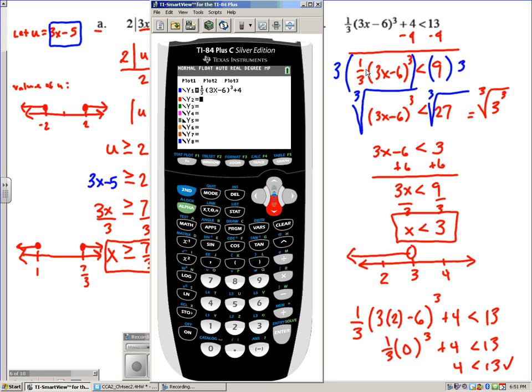And then remember our second function is the right side of our inequality. So since this is less than 13, we're looking for all of our points on this graph that we've just typed in here that have outputs less than 13. So it's got to be under that line that we get for 13. Let's check it out. Now we'll probably have to adjust our dimensions.